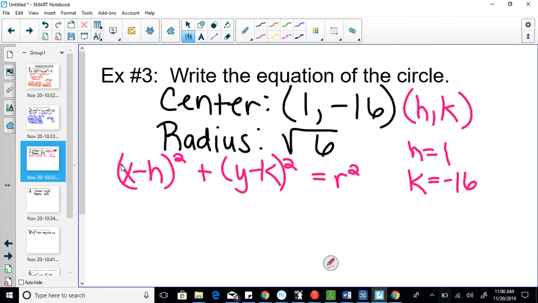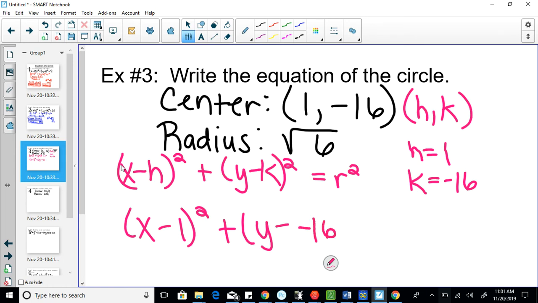So I plug it into the formula. That gives me (x − 1)² + (y − (−16))², and that's going to equal my r squared. Of course, you know your r is your radius. Right now my r is the square root of 6, so r squared means I am taking the square root of 6 and squaring it.